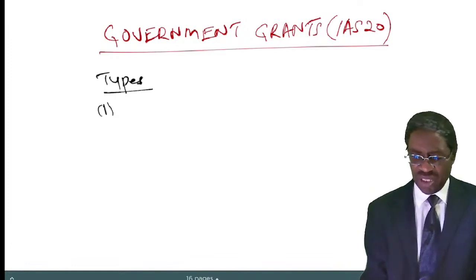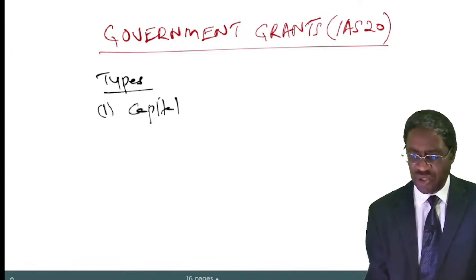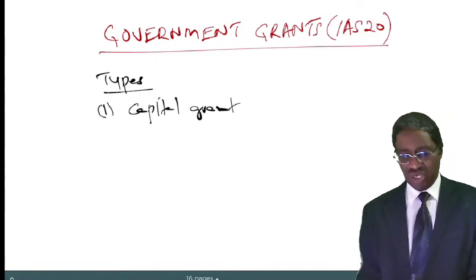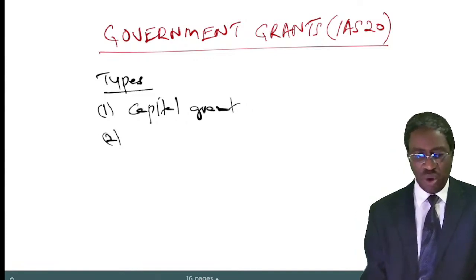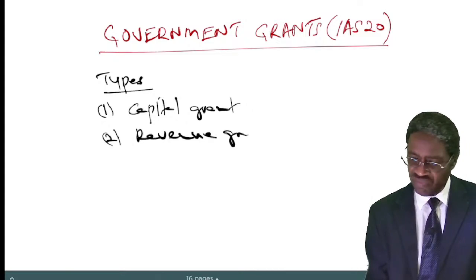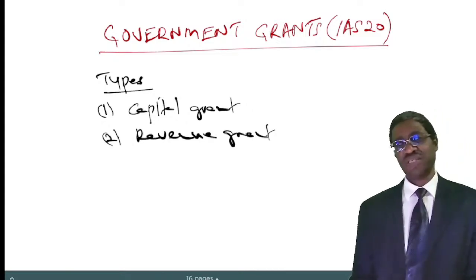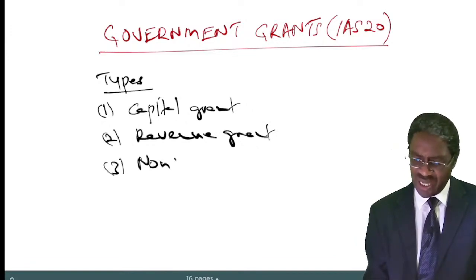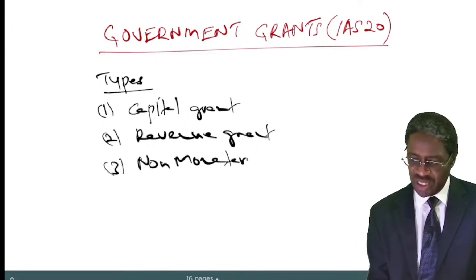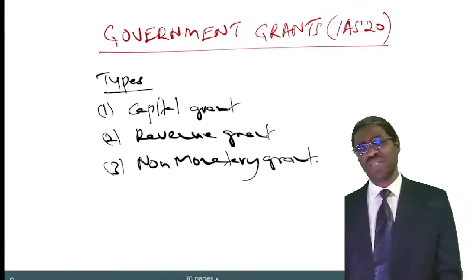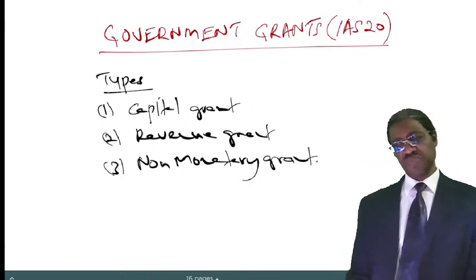One type is what we normally call a capital grant. Number two, you may receive what we call a revenue grant. Number three, you may receive what we call a non-monetary grant. So what are these types of grant?